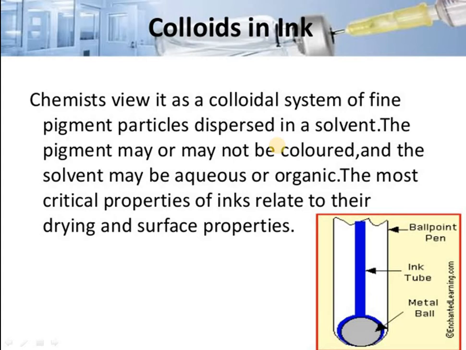Now ink also is a colloid. Fine pigment particles dissolve in a solvent. The solvent can be polar or non-polar. Mostly, if the ink is organic, then it will be non-polar, and if the ink is inorganic, then it will be polar. Okay.